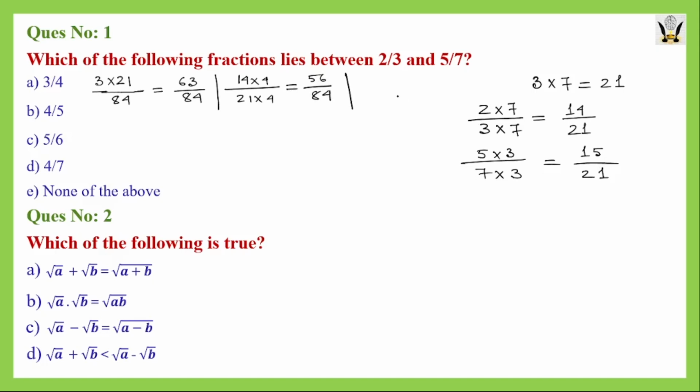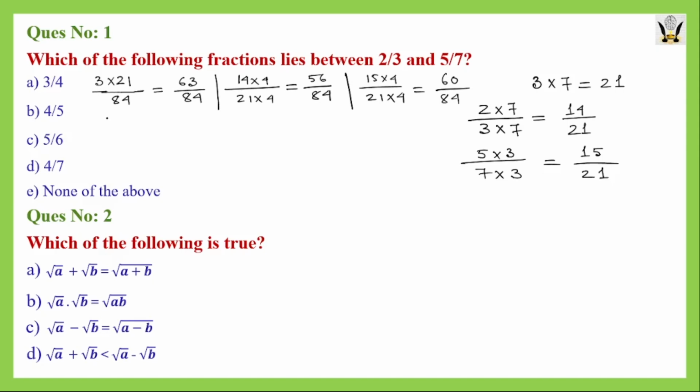And the second number, again 15 multiplied by 4 and 21 multiplied by 4, gives us denominator 84 and numerator 60. So now the denominators are the same, 84, and we can easily compare the numerators. We can see that 63 is more than 60, so it doesn't lie between 56 and 60, so option A is not correct.